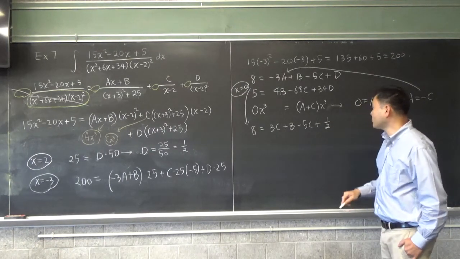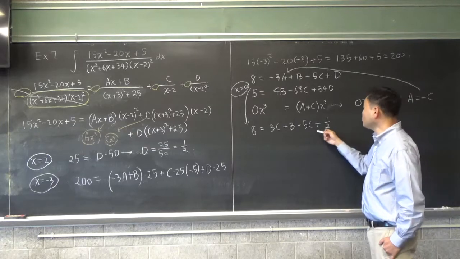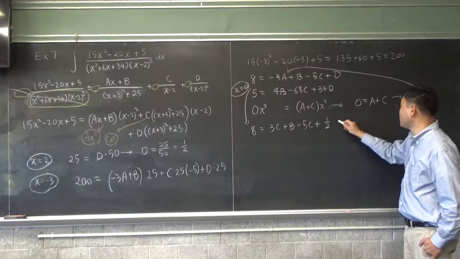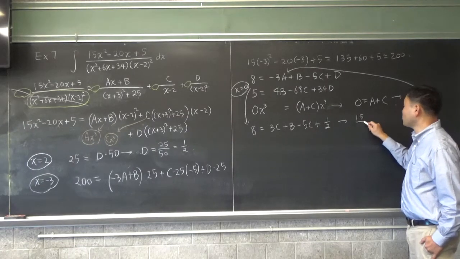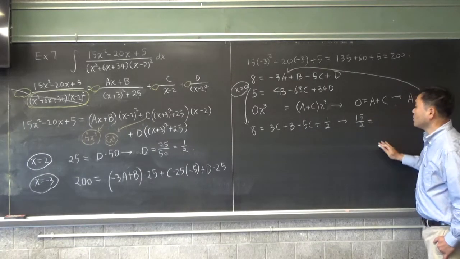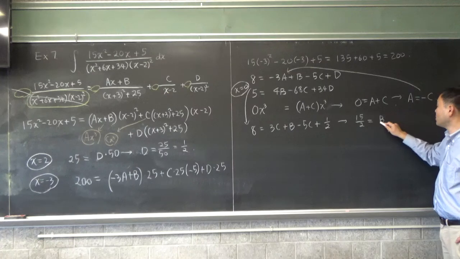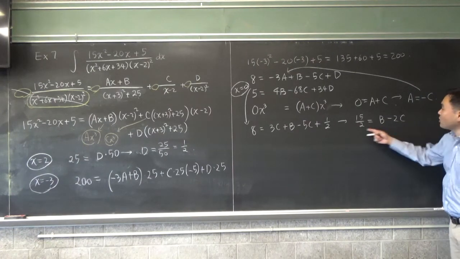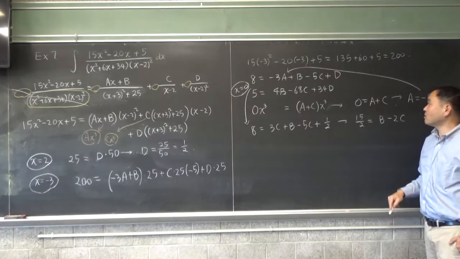D is 1/2. Move the 1/2 to this side. 16 over 2 minus 1/2 will be 15 over 2, equal to b minus 2c. Okay, so that's the equation that this becomes.